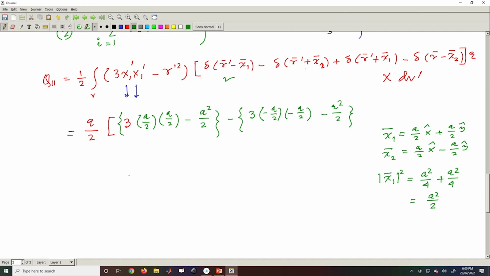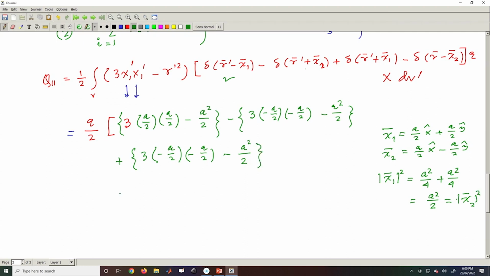What about the third? This is plus, and in a similar way I have 3 multiplied by plus chi 1. Plus chi 1 means I should have chi 1 with negative value, so again I put minus a by 2 in place of x, minus a by 2 in place of x, and then minus of r square, which is the same, a square divided by 2, because the mod of all the values is the same.